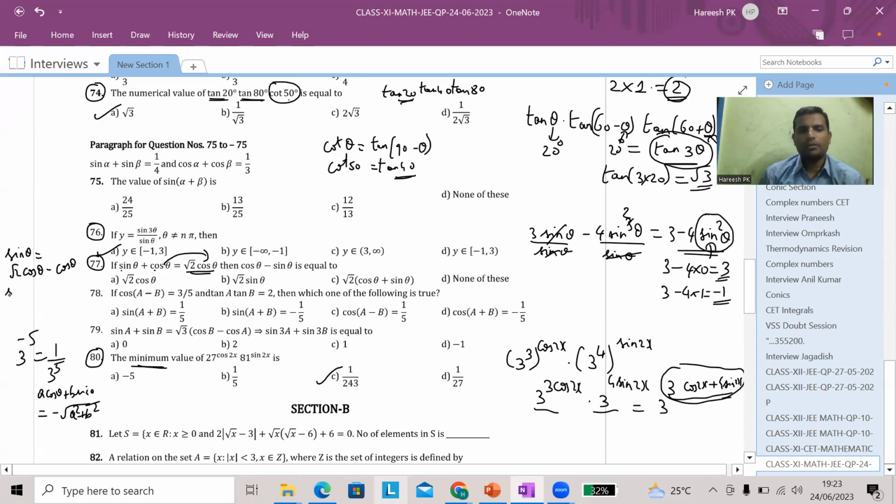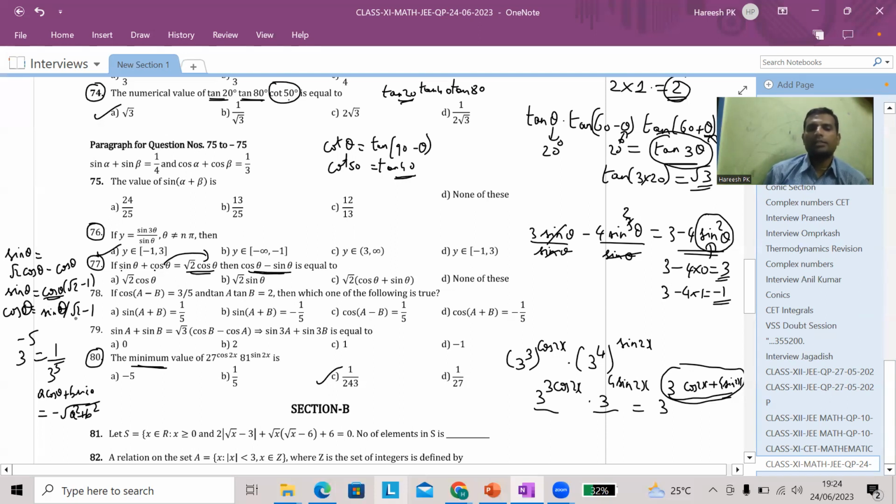So taking cos theta common, sin theta equals cos theta into root 2 minus 1. I can write cos theta as sin theta by root 2 minus 1.